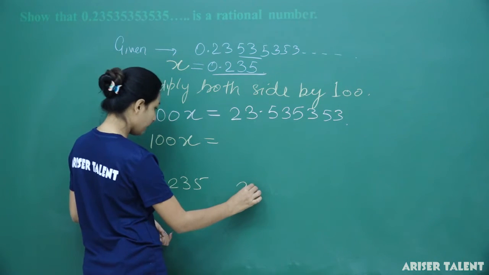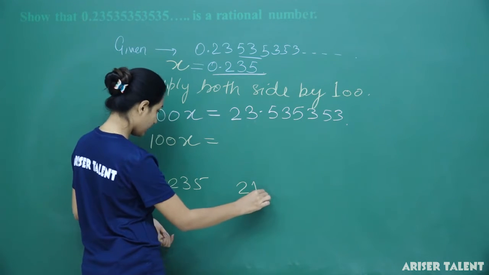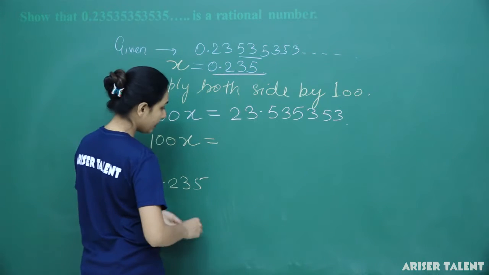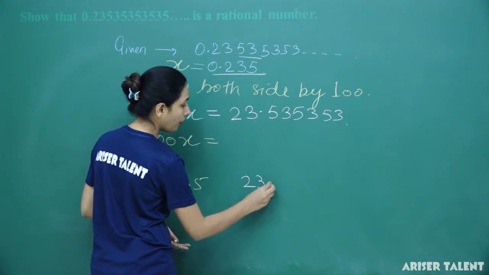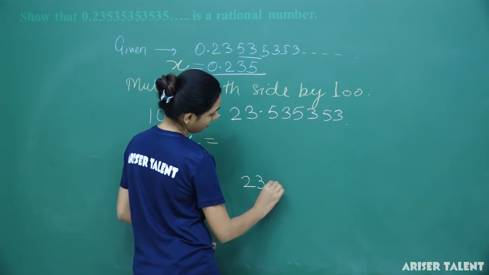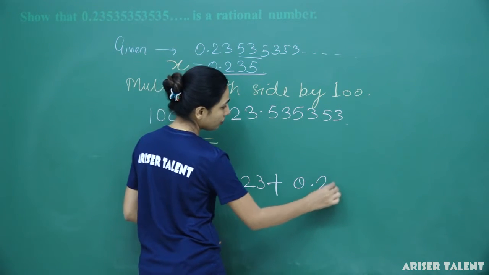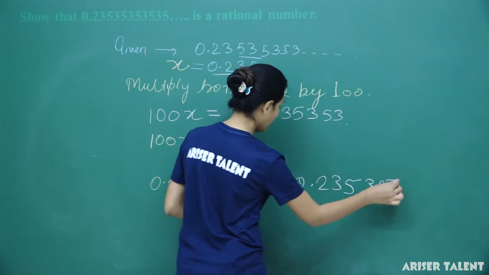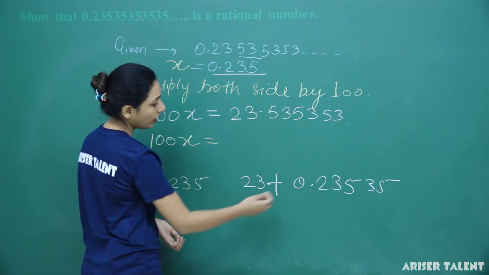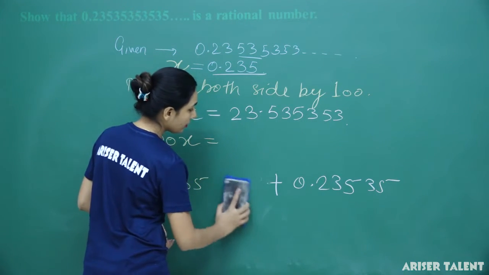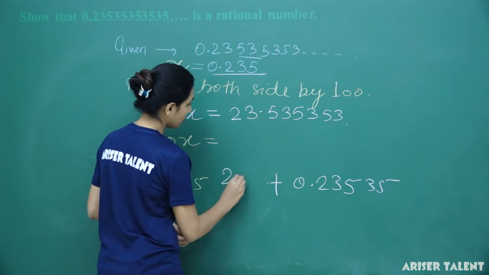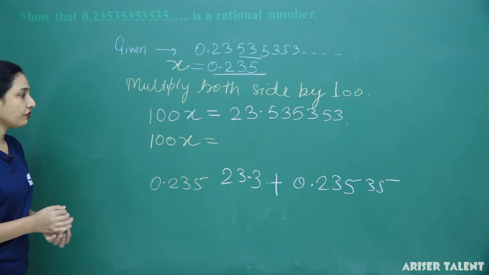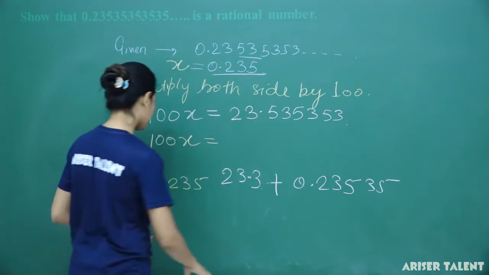That will be 23 point plus 0.235, okay, 35 and so on, that will be 23.3 plus 0.2353535, okay.